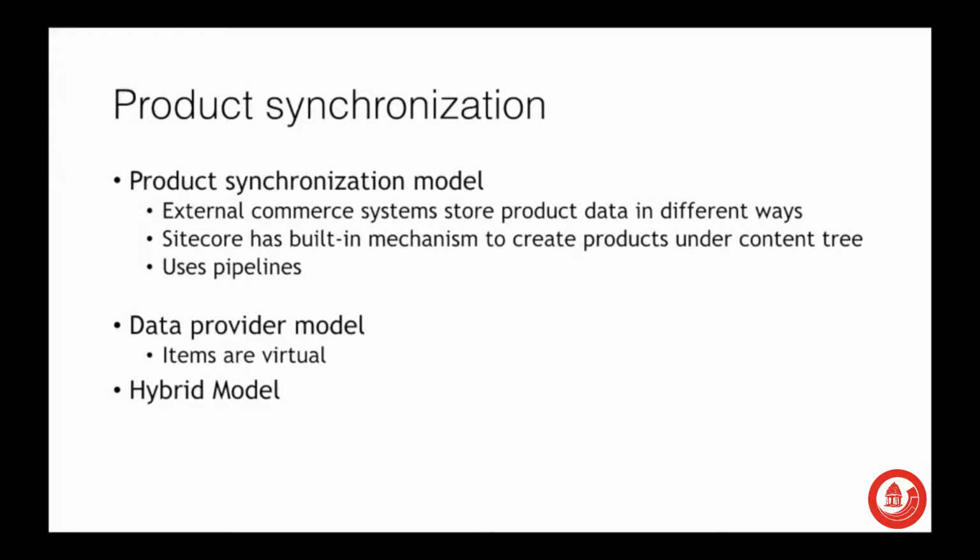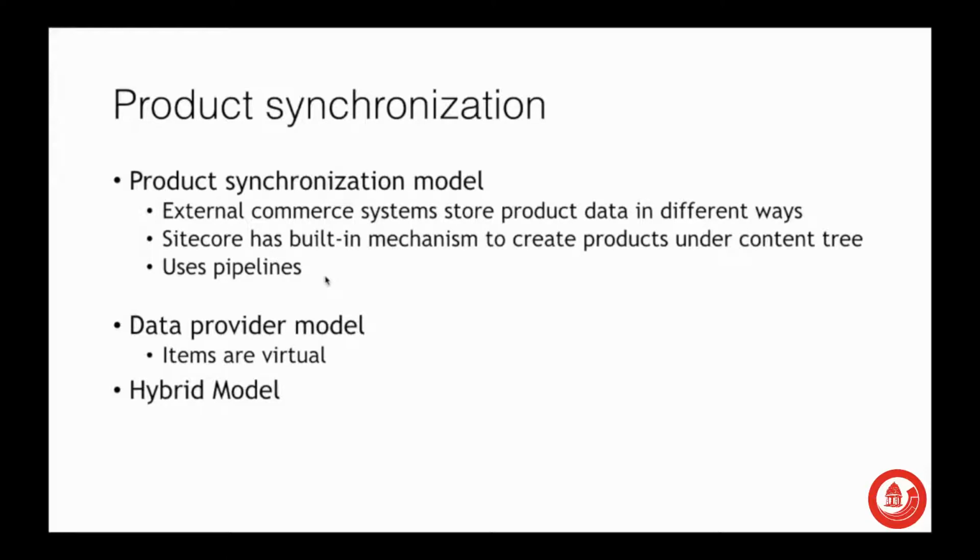The custom code pulls the products from the external commerce system and gives them to Sitecore Commerce Connect, which has the necessary process in place to create the product items based on the product catalog model templates.